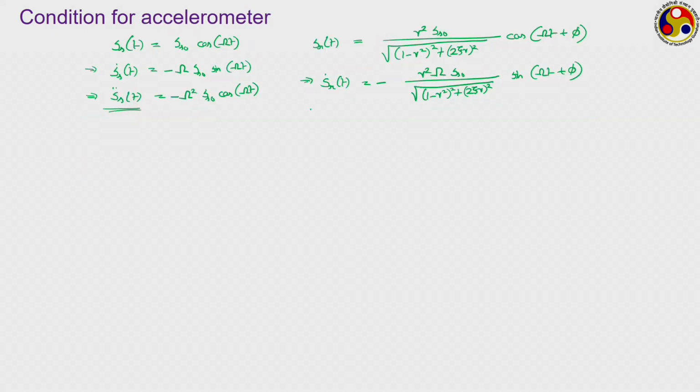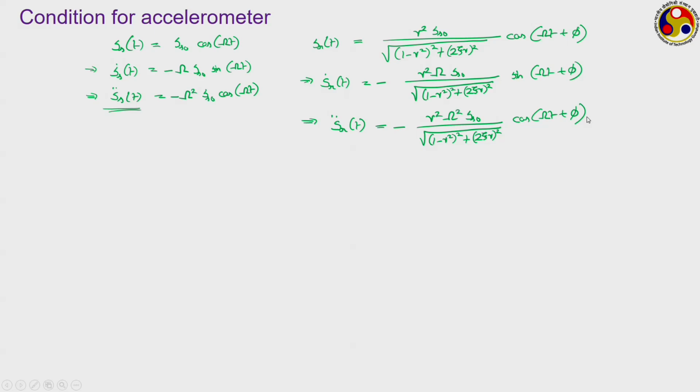But now, as we are looking for imposed acceleration, we are looking for the resultant acceleration. So, we have to differentiate it once more with respect to time to get S_R double dot. So, this will become now minus r square omega square S_S0 by root over (1 minus r square) whole square plus (2 zeta r) whole square, into cos(omega t plus phi).